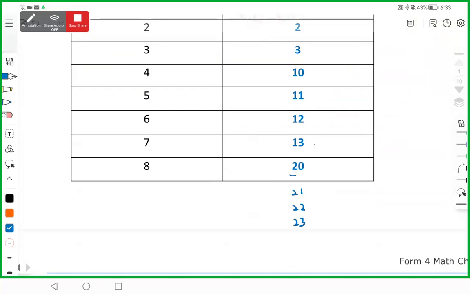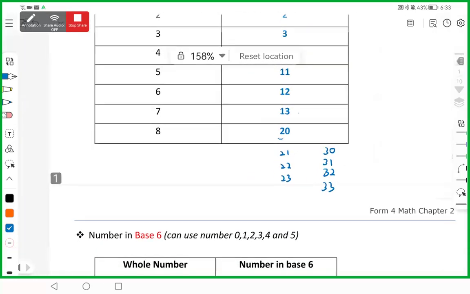What is the next number? 3, 0, 3, 1, 3, 2, 3, 3. Next number? 100. Yes, you're right. So you can become the alien already.